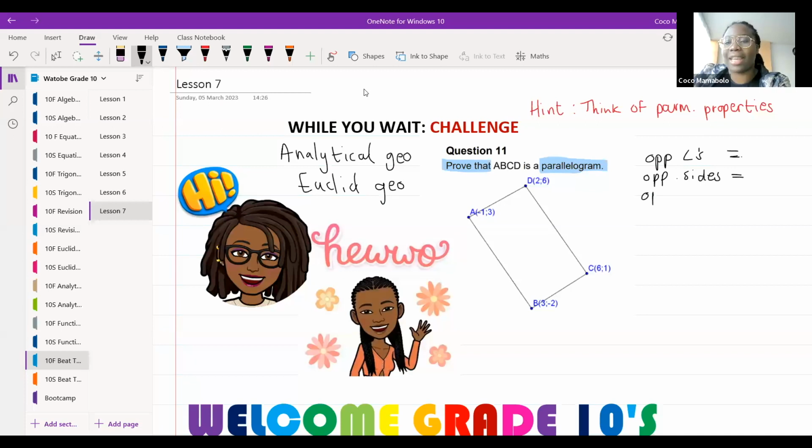Good. Opposite sides are parallel. Beautiful, nice one. Anything else? Think about the diagonals as well. Good. The diagonals bisect.